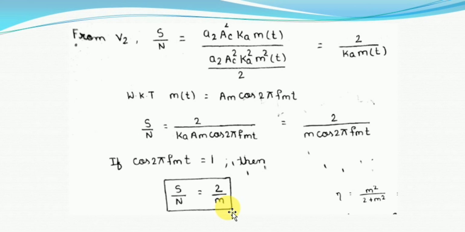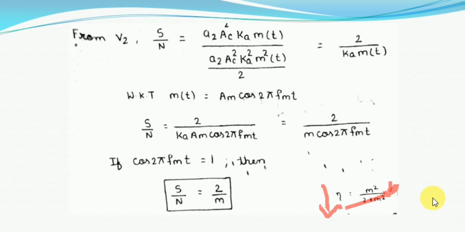But we know that if the modulation index is low, the efficiency will be low, meaning most of the power transmitted in the AM signal is wasted. And it is also practically impossible to design a low modulation index value for transmitting high frequency AM signals.